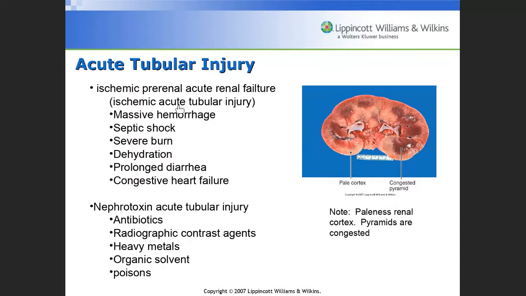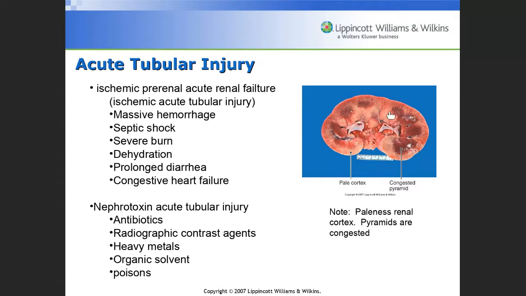In a number of cases we consider as pre-renal that could lead to ischemia, like septic shock, massive hemorrhage, dehydration, severe burn, losing a lot of fluid. So pre-renal, not a lot of blood going to this area, leads to tubular injury. That's one group. The other group is nephrotoxin. An example is contrast dye, which is very common, but also other poisons, because the kidney is removing these and your renal tubule cell now encounters them.